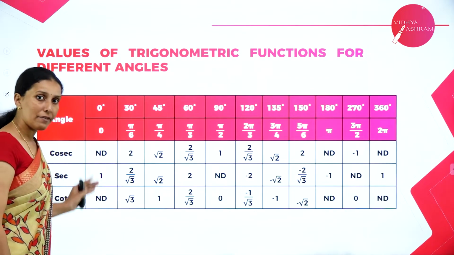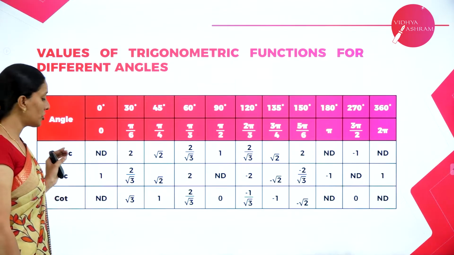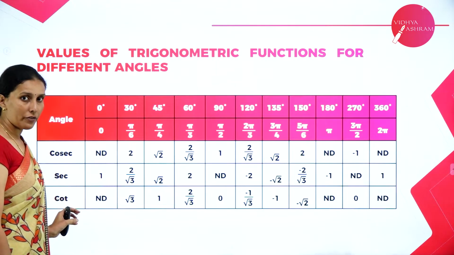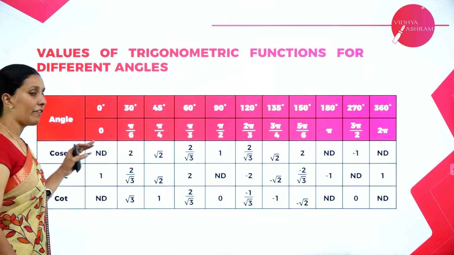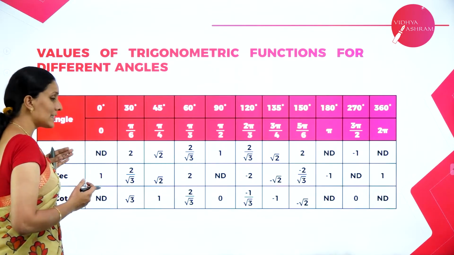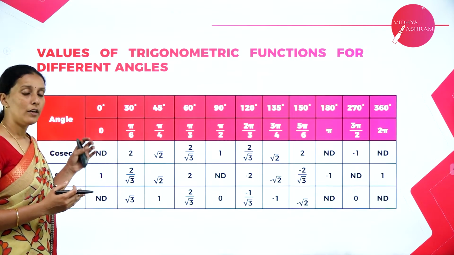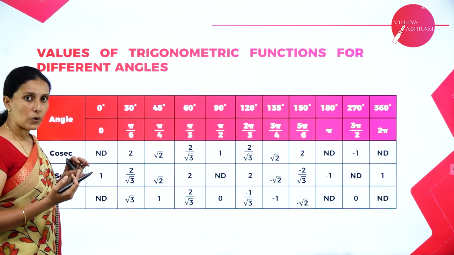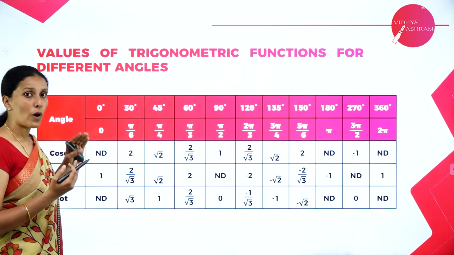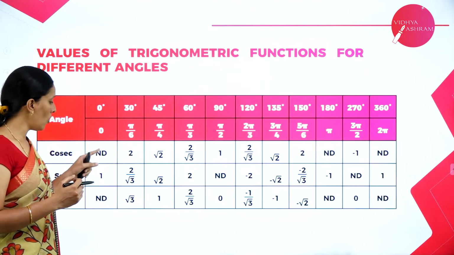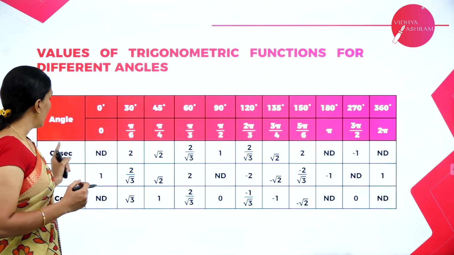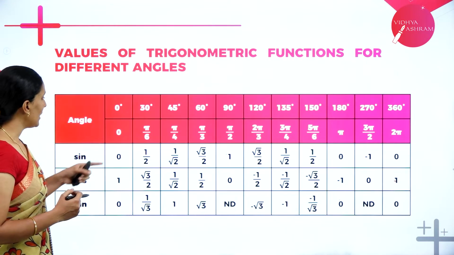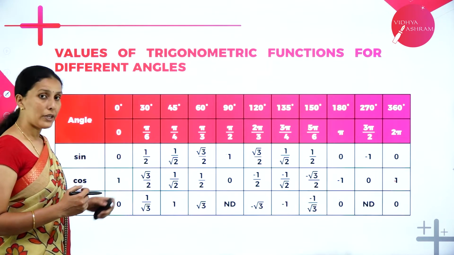Next, we have the same values for the cosecant function, secant function and cot function. Again, not defined appears because cosecant is the reciprocal of sine. So sine 0 is 0, but cosecant 0 is 1 by sine, which is 1 by 0, not defined. We have here sine 30 degree as 1 by 2.